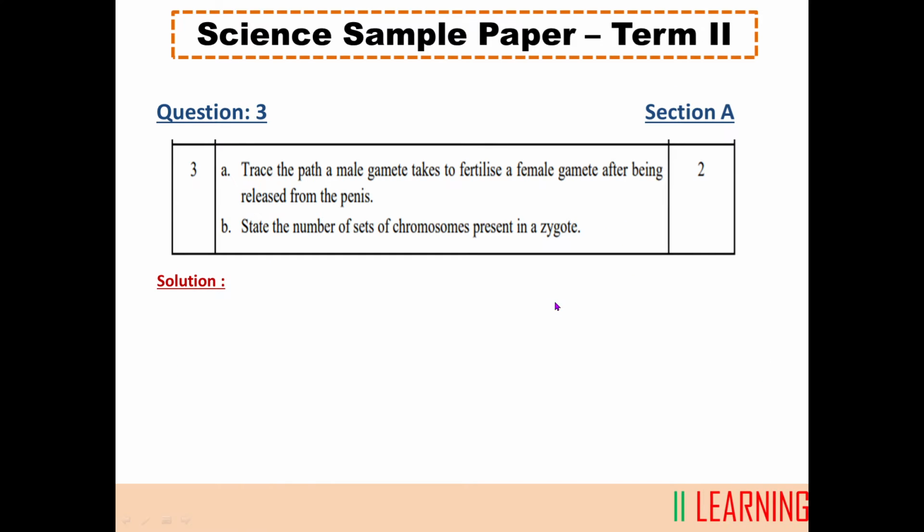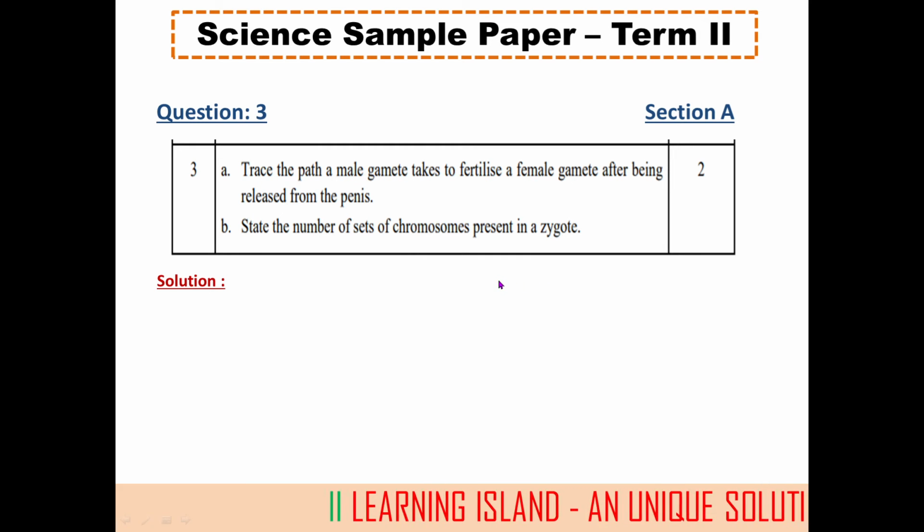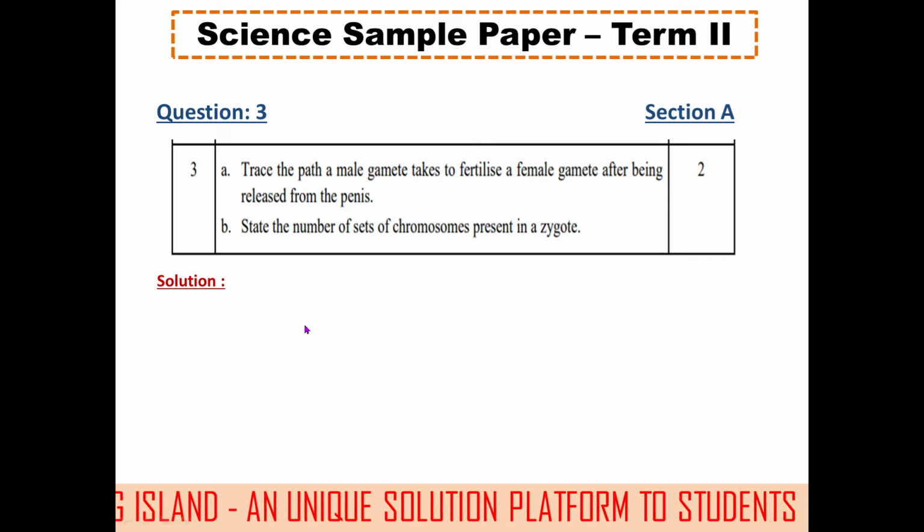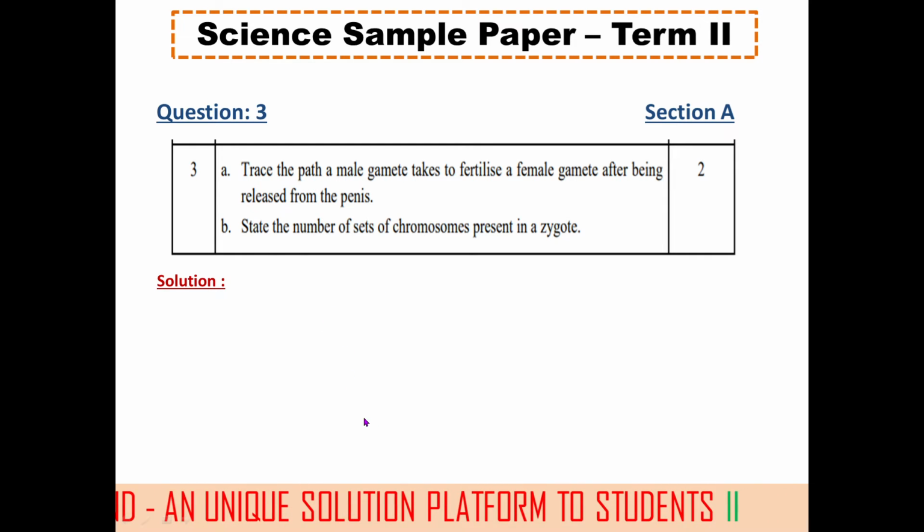Question number 3. Trace the path the male gamete takes to fertilize a female gamete after being released from the penis. All of you know, if you understand the reproduction chapter properly. After releasing the sperm from the penis, it moves through the vagina first.